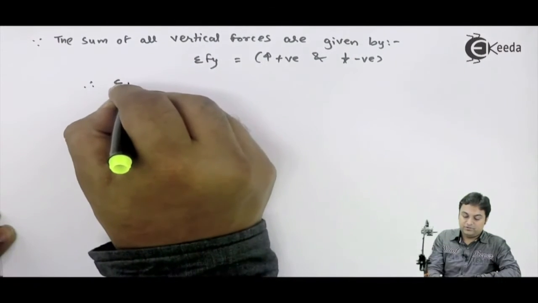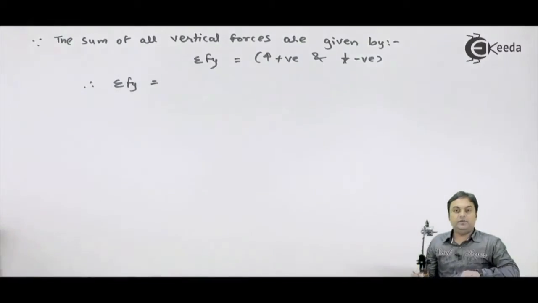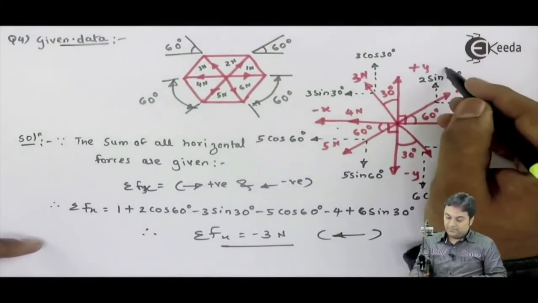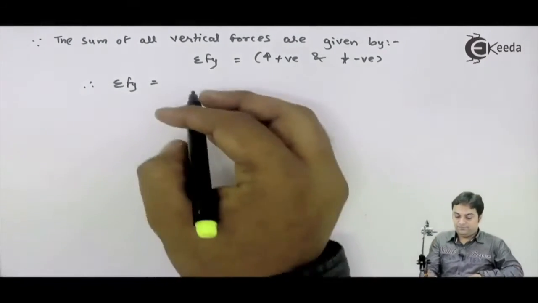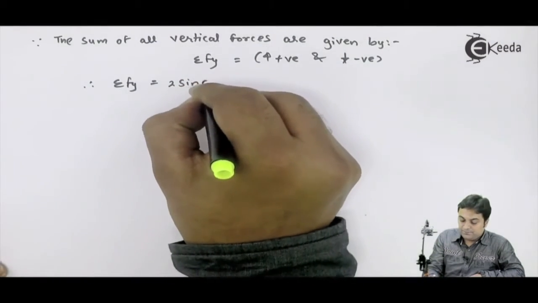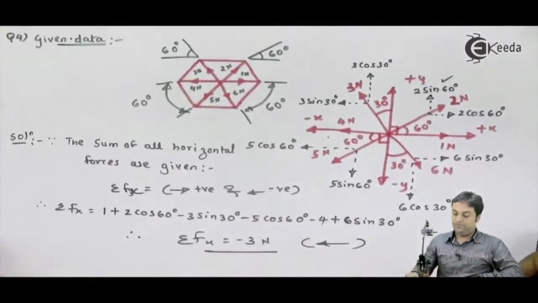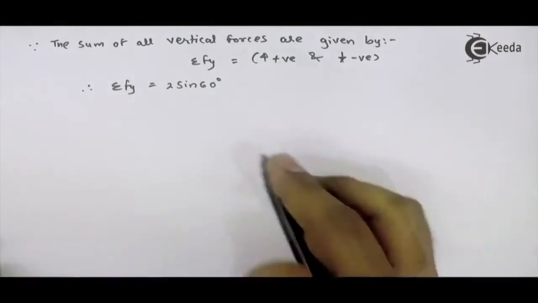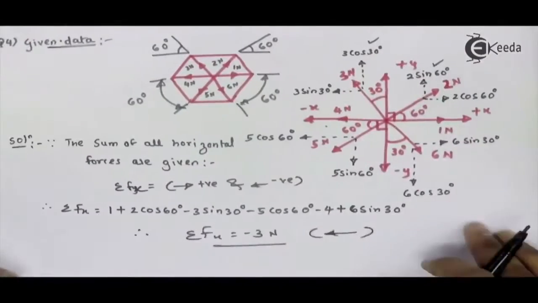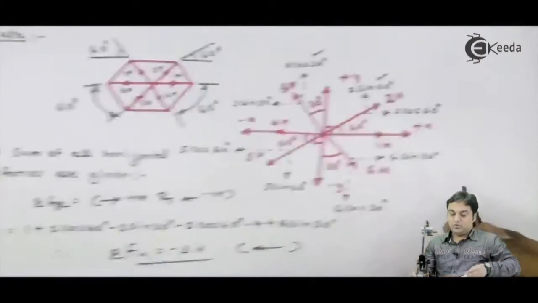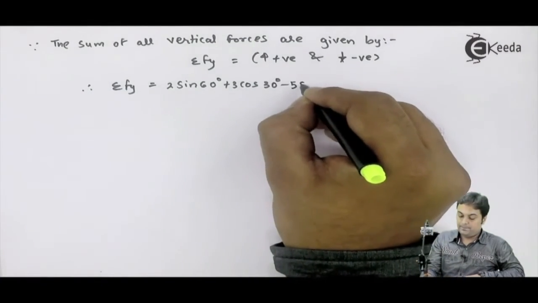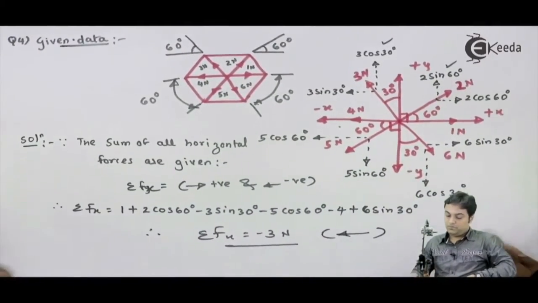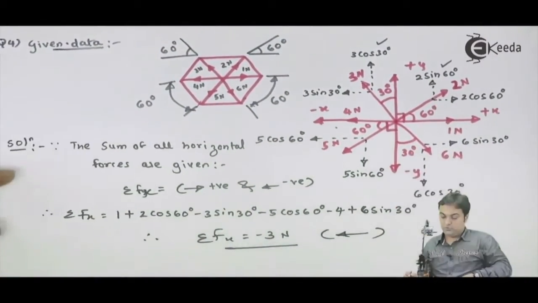So summation Fy will be equal to 2 sin 60 upward, positive, then 3 cos 30 upward, positive, 5 sin 60 downward, so negative, and 6 cos 30 downward, so negative.